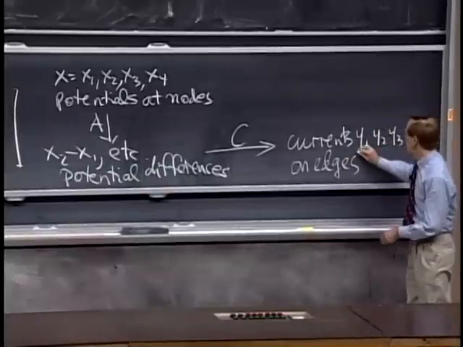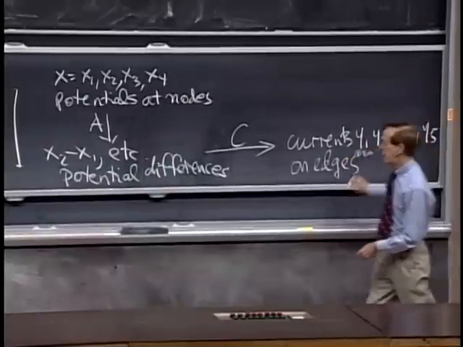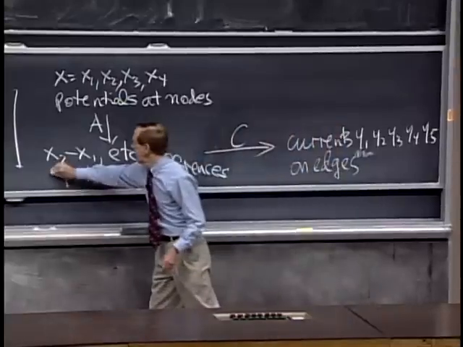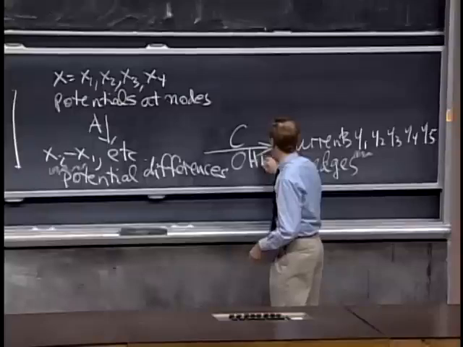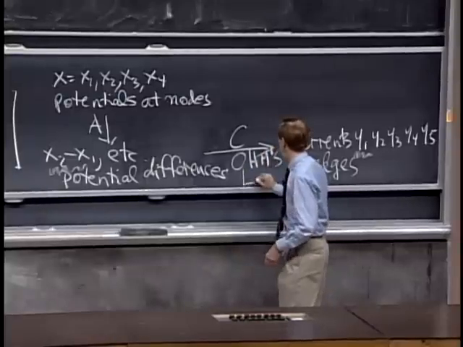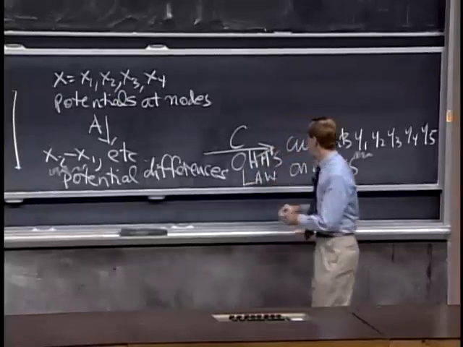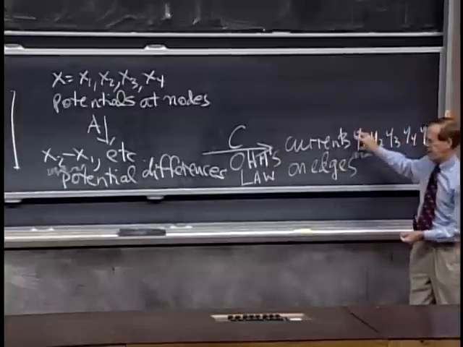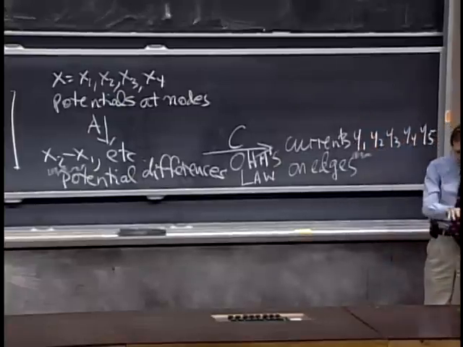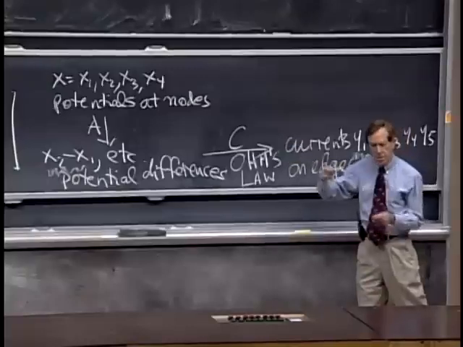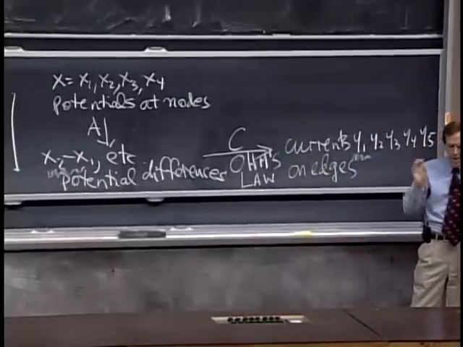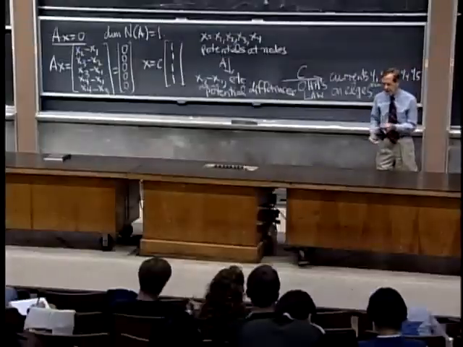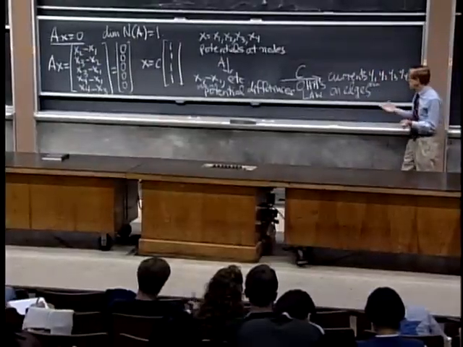And this relation between current and potential difference is Ohm's law. This here is Ohm's law. Ohm's law says that the current on an edge is some number times the potential drop. And that number is the conductance of the edge, 1 over the resistance.